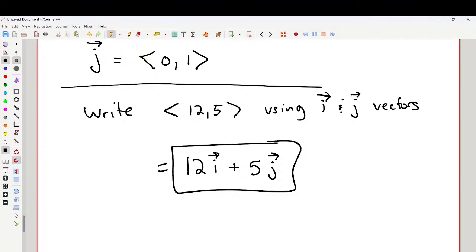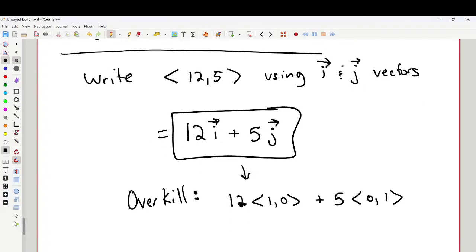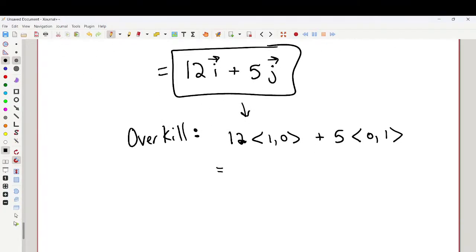Actually, overkill, but if we take 12 times <1, 0> plus 5 times <0, 1>, we would get <12, 0> plus <0, 5>.